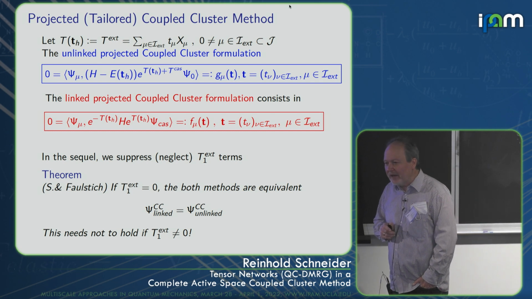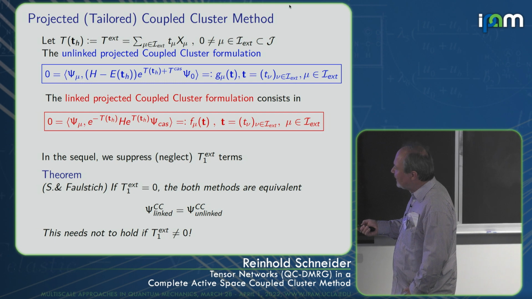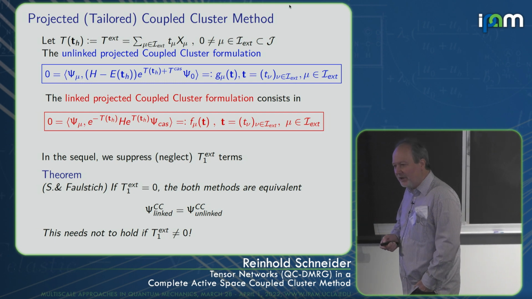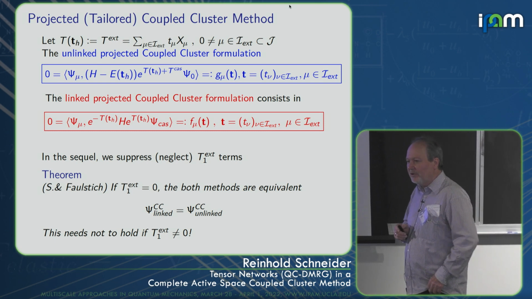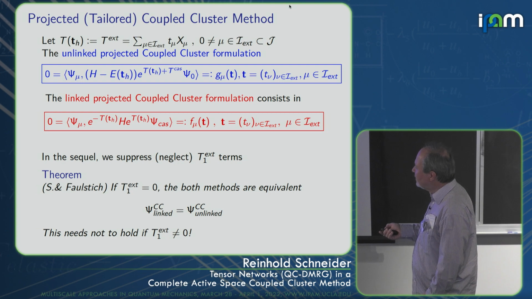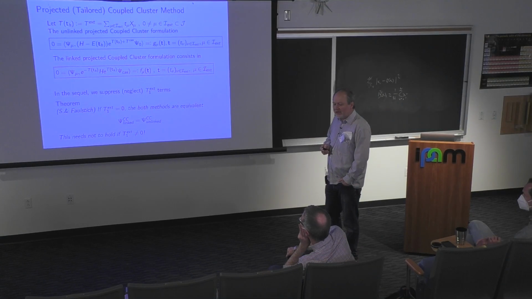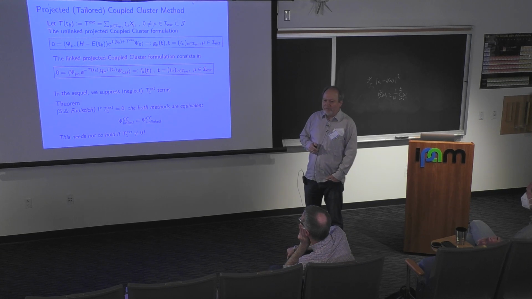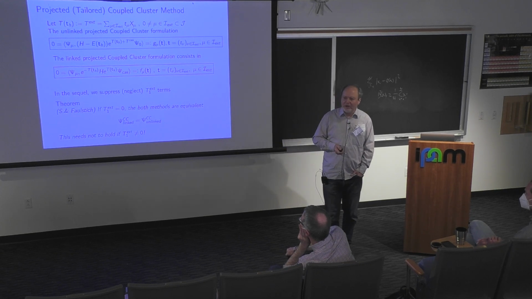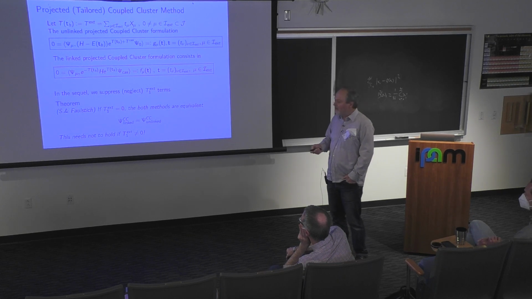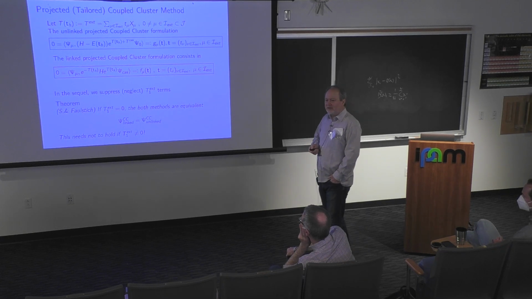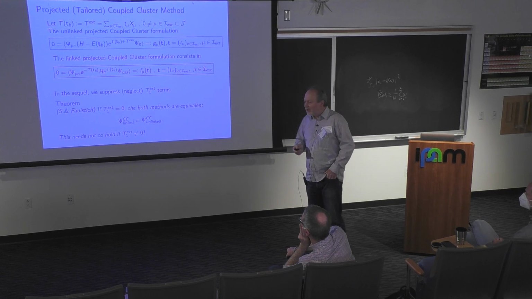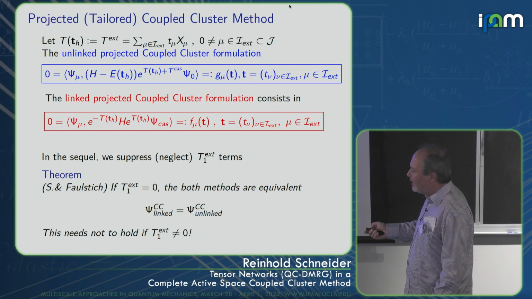So in the sequel, we will assume that T1 external is 0. We don't need it, but if we want to have this property, we would like to assume this. Indeed, it's well known in coupled cluster theory that if we go away from the Hartree-Fock determinant and use Brückner orbitals, so we transform the basis, the Brückner orbitals have the best overlap with the wave function, and for the Brückner orbitals, the T1s are 0. But it's only a technical matter.